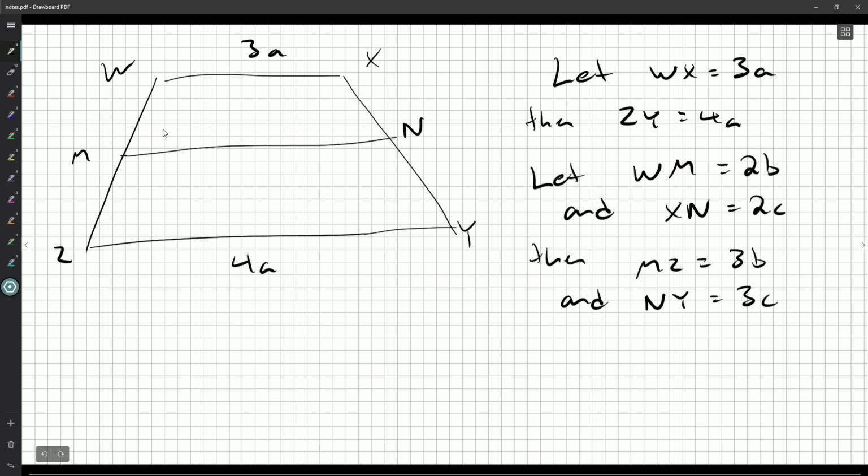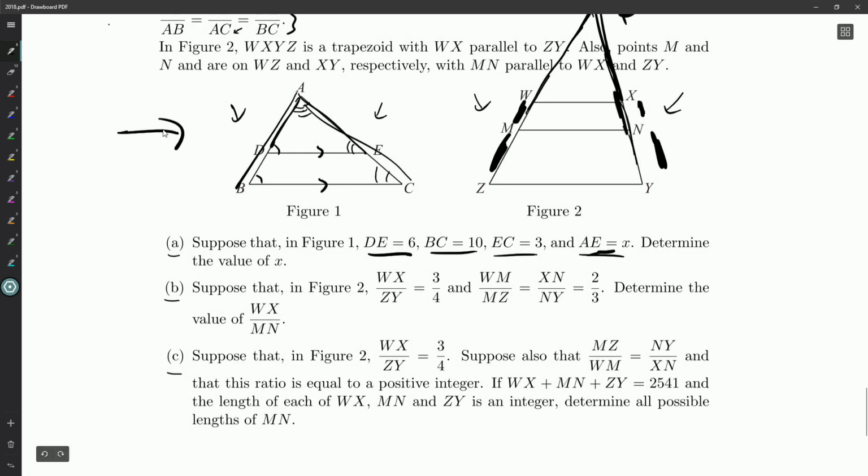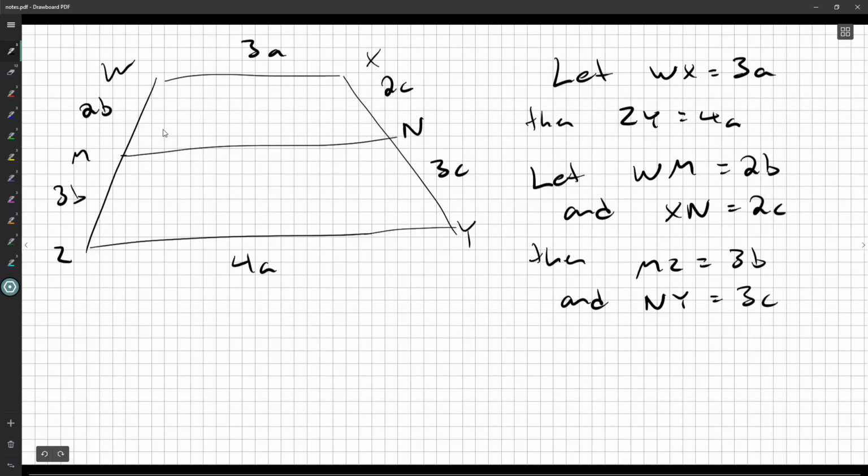So we can put that on our little picture there. 2B, 3B, and then 2C, 3C. And what do we want, though? It's WX over MN. WX to MN.